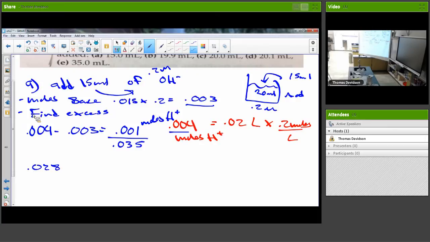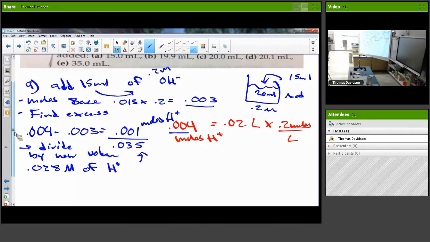Let me summarize real quick. So first we found the moles of base, then we find the moles of excess, then we divide by new volume. Which is that number. And then this gives us the molarity of, which was in excess, H plus or OH minus? H plus. Of H plus.